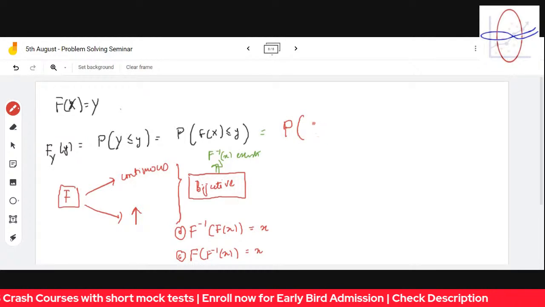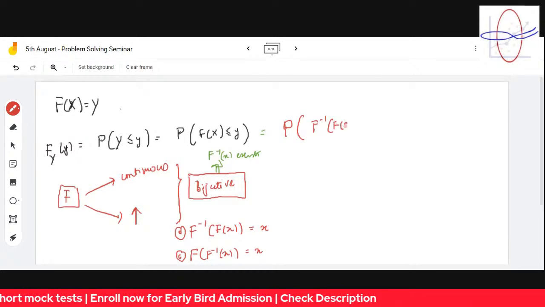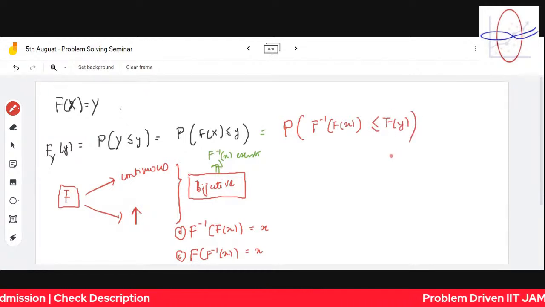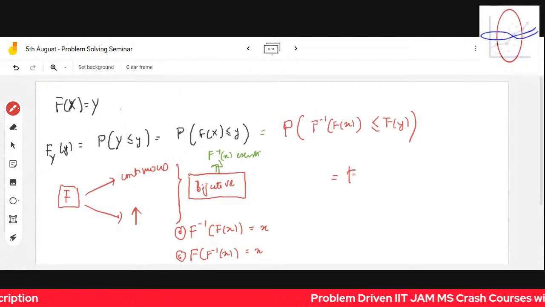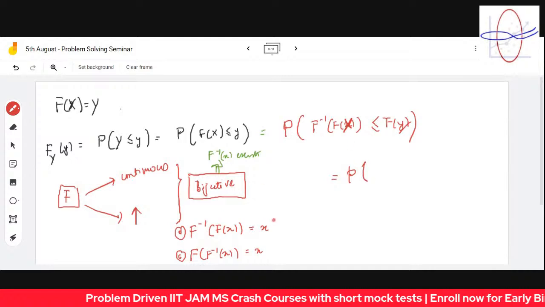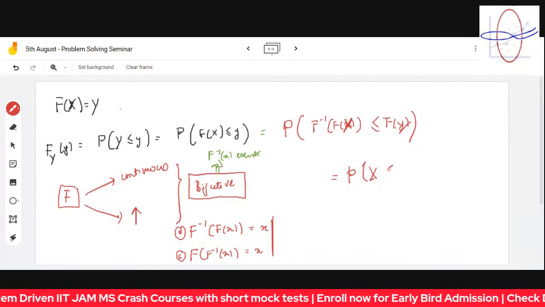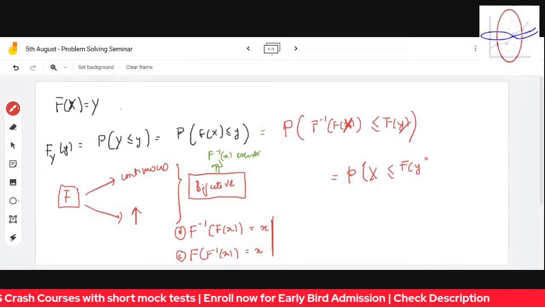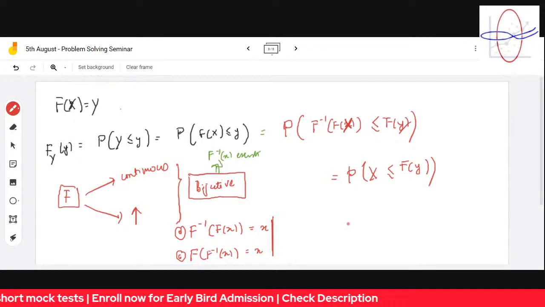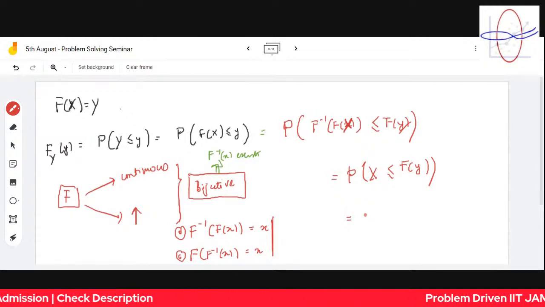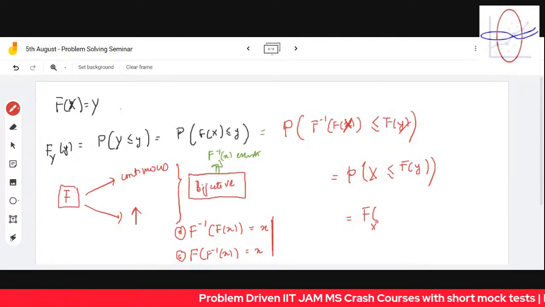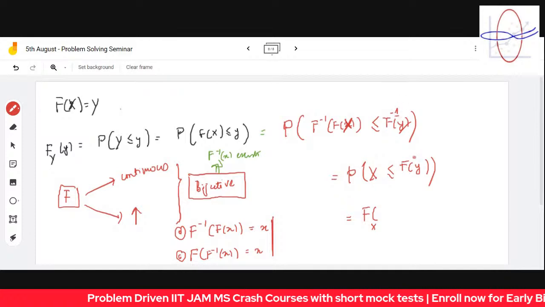So we take f inverse of x less than or equal to f of y. So we get the probability, x over here, f inverse of f of y, that x is less than or equal to capital F of y. And now understand that therefore... sorry, f inverse on both sides.